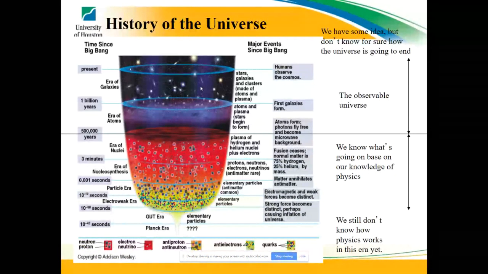So basically, this is the entire history of the universe. We start off at the top, where humans are looking out at the stars. And we see all these stars, and if we go back a little bit, we see galaxies. And we see all these distant galaxies. If we look out further, eventually you'll get to the part where there really weren't galaxies and there really weren't even stars.